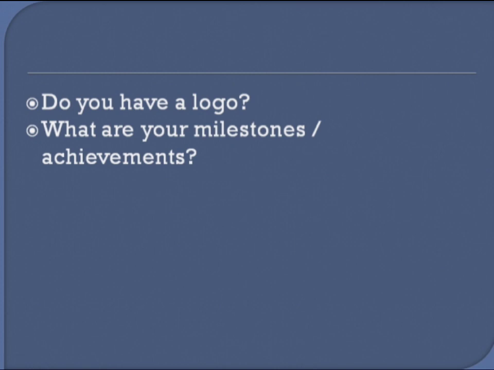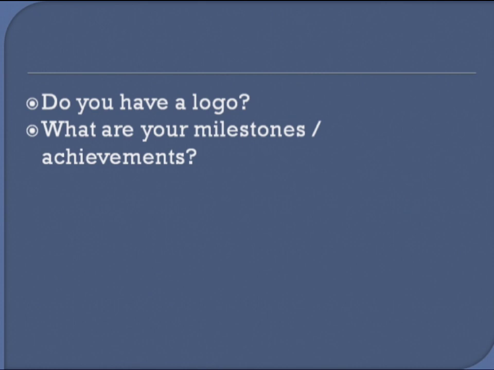What kind of milestones or achievements has your company made? You can pause this right now and jot down those thoughts as they come to you. What kind of achievements? When you started your company and maybe a month later you impacted so many lives, or your company helped a charity or helped kids across the world or something.